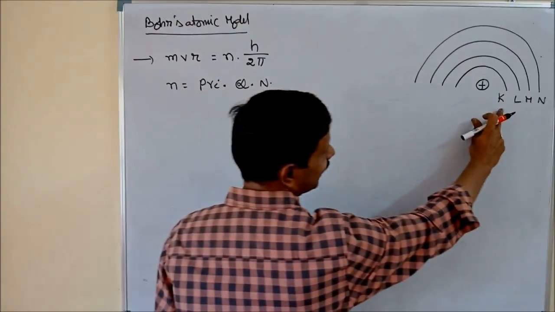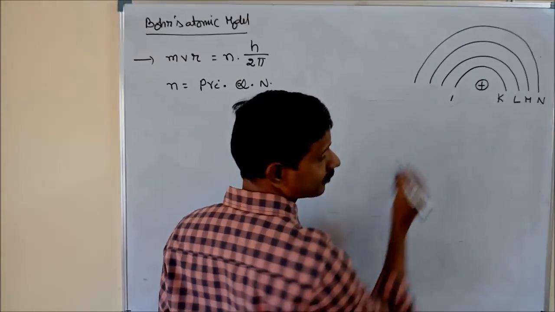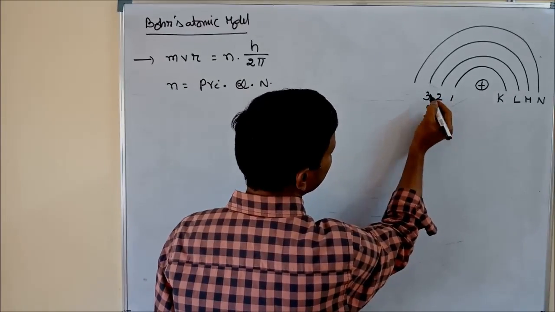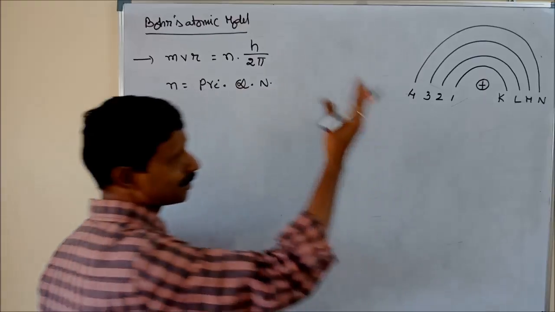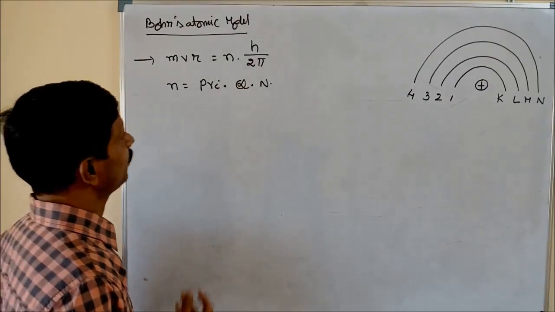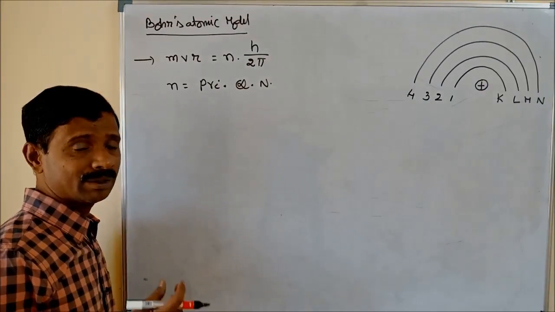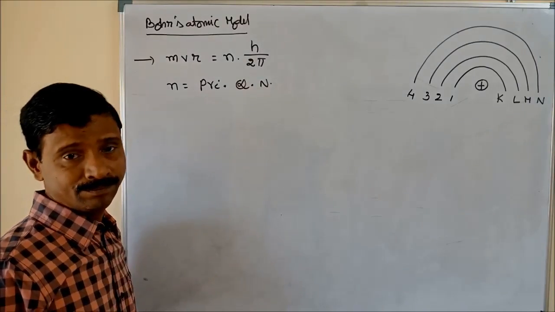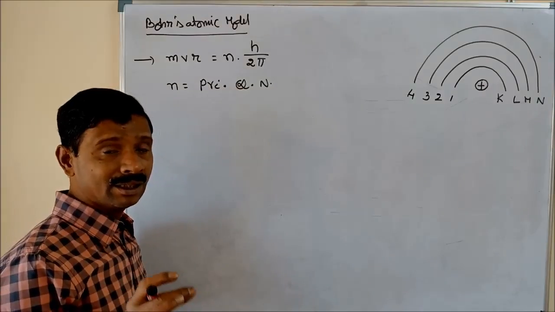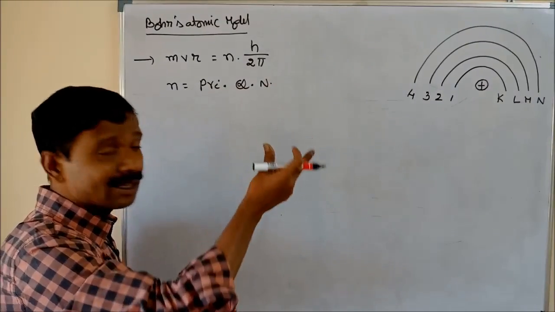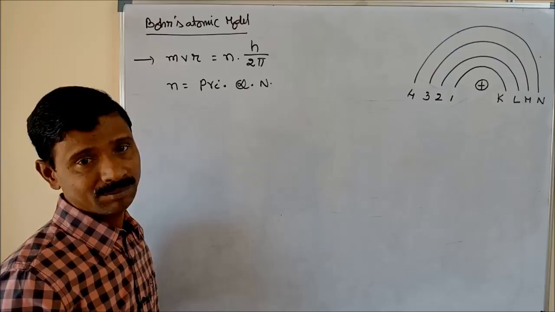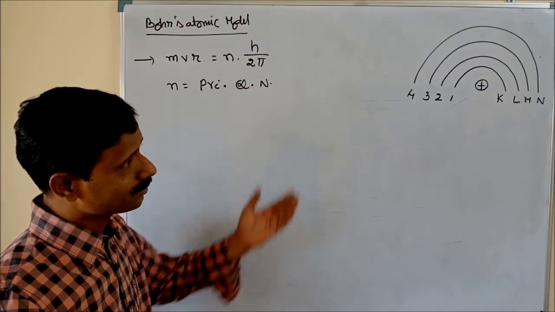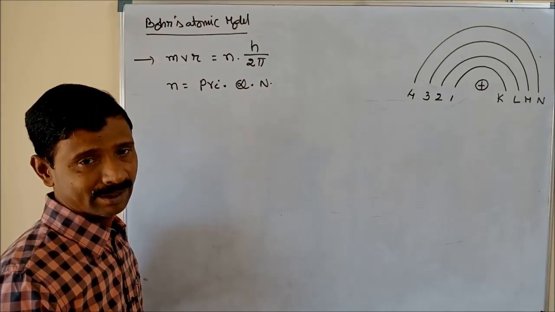If you observe, K shell, its n value is 1, first orbit, L shell 2, M shell 3, N shell 4, and so on. The value of n gives an idea about the main energy level of the electron, means in which orbit the electron is present. That information we get with the help of the n value.